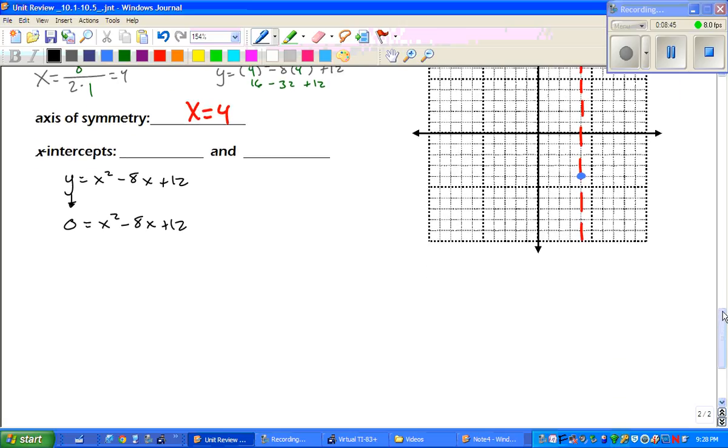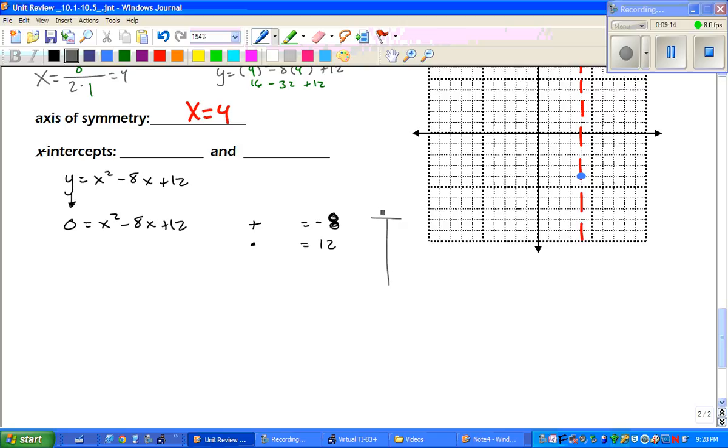Okay, so we can either solve it by factoring, take out a GCF, do inverse operations, or the quadratic formula. I'm going to go with factoring here because we need numbers that add up to -8, but multiply to get 12. Can you think of any numbers that add up to -8 and multiply to get 12?